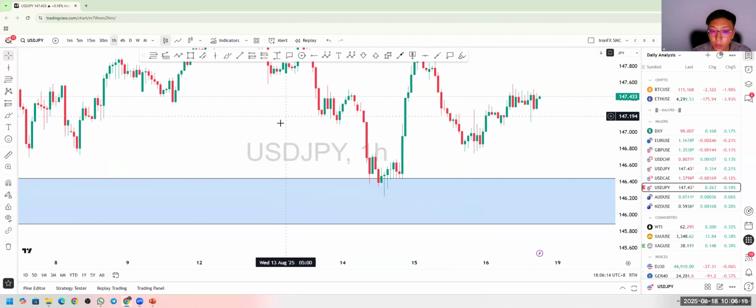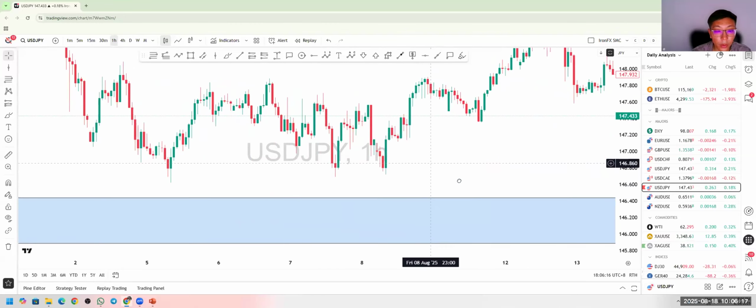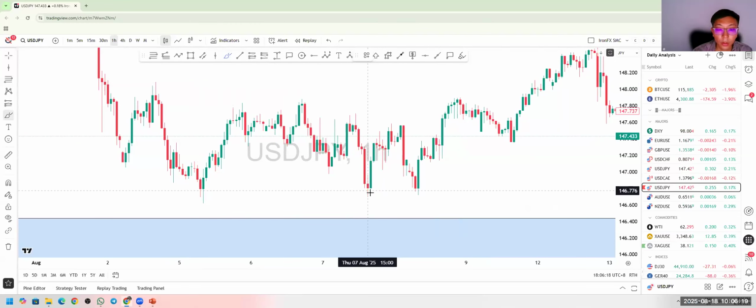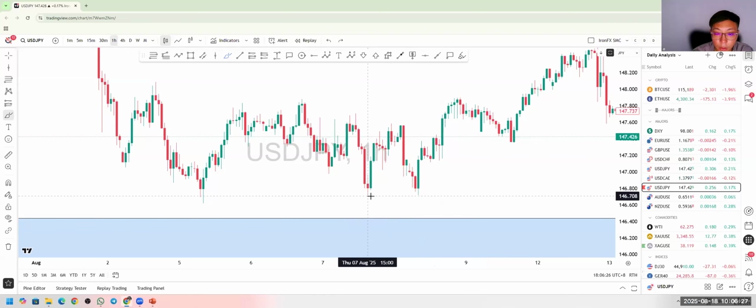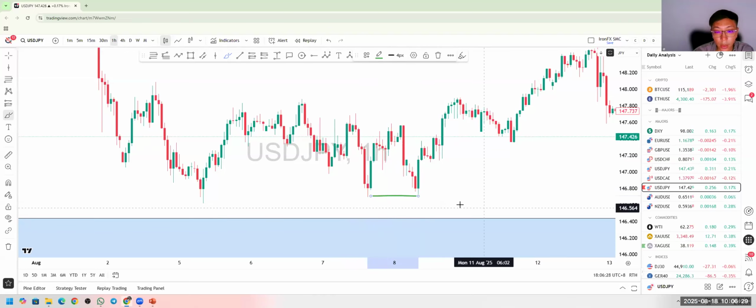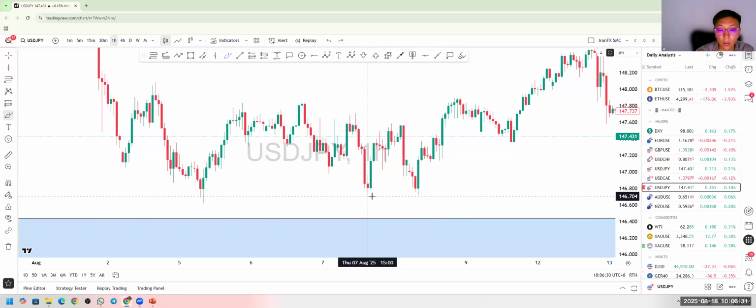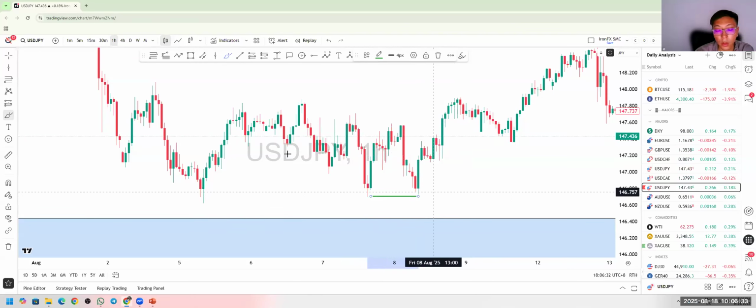Okay, so sometimes you can see something like this. You can see these two weeks, and then we have this thing, which is almost like equal lows, right, Vijay? Can you see? Almost equal lows.